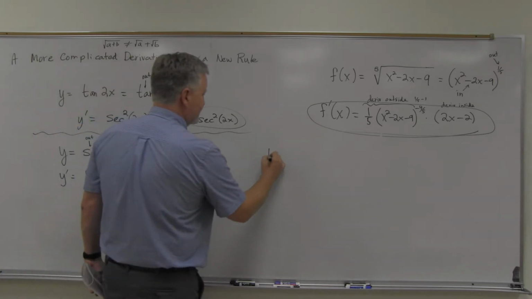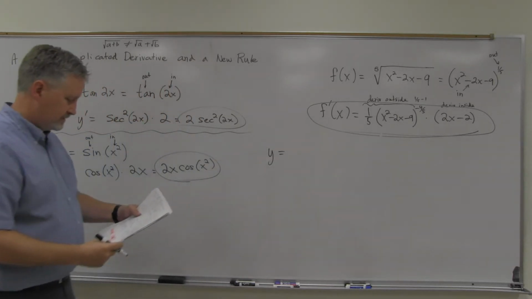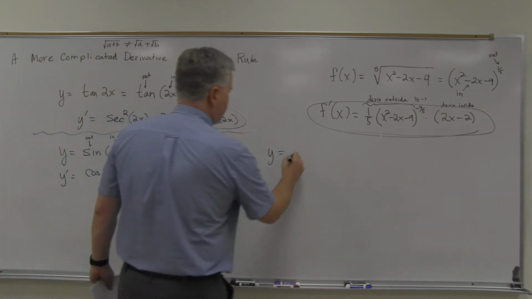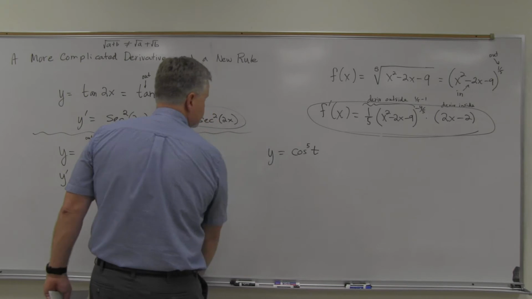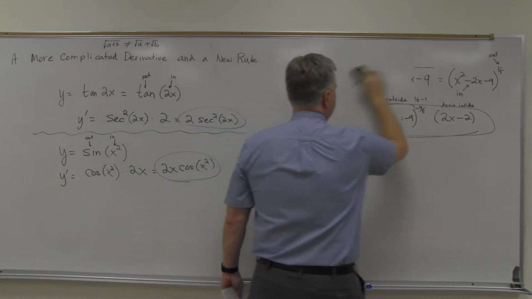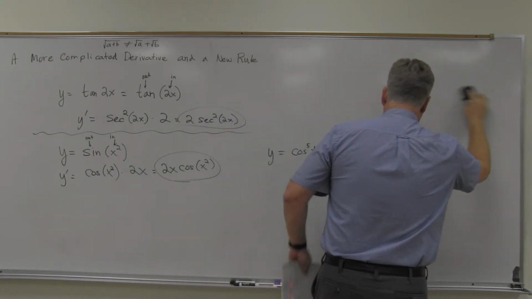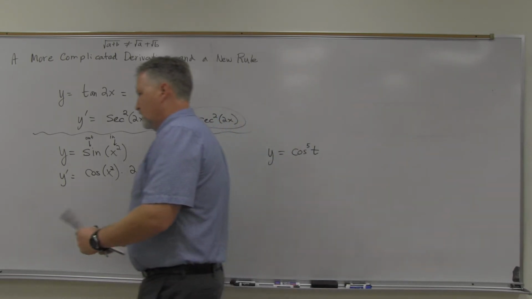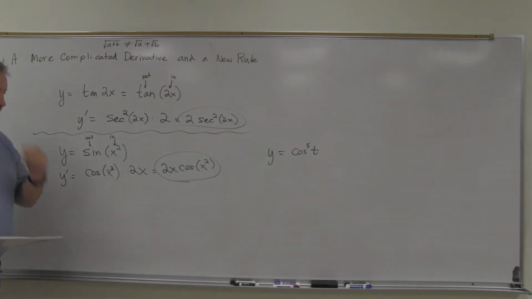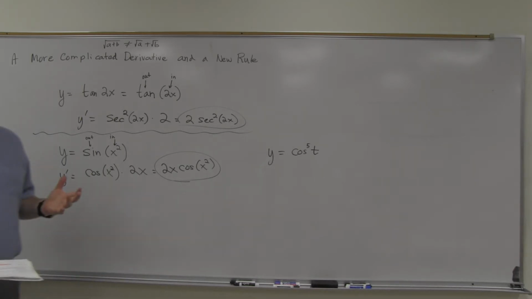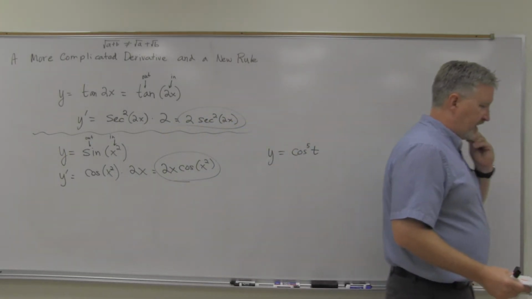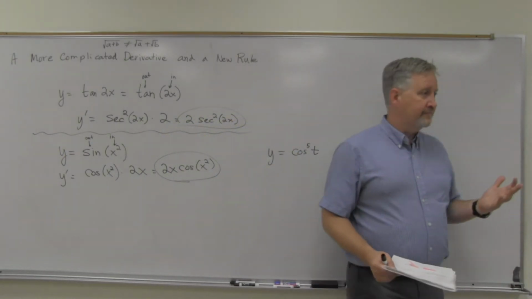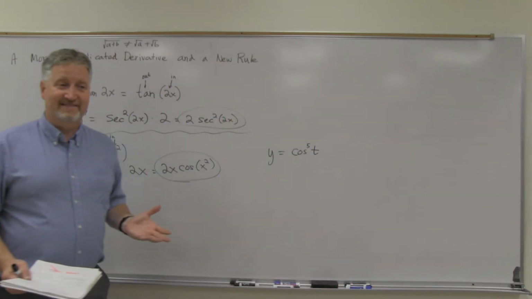But let's compare that one to this. Y equals cosine to the 5th t. Well, for one thing, this one is probably not in the most advantageous form, because it doesn't have the parentheses.